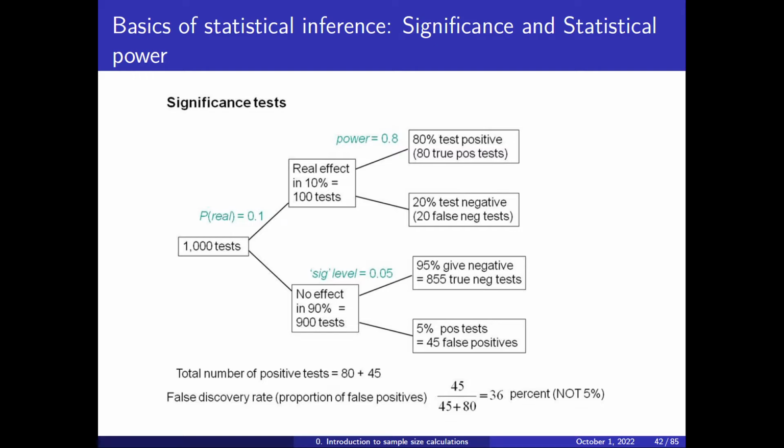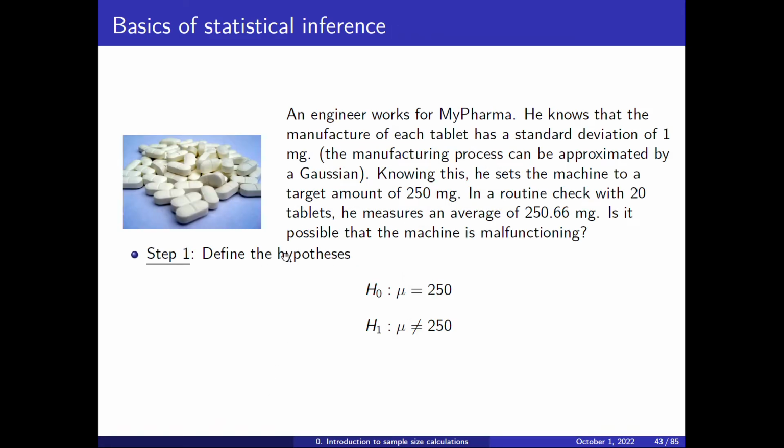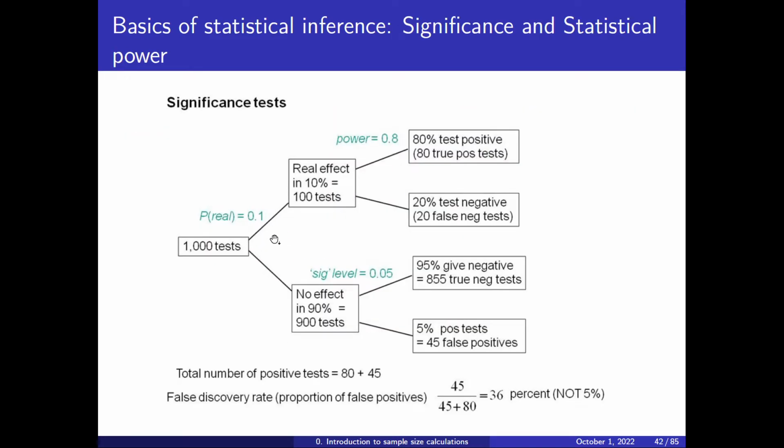Reality is that only 10% of them make a difference, and the other 90% don't change anything in the cell culture. But you don't know this. This is why you're doing an experiment. Because you have false positives and false negatives, you will make mistakes.